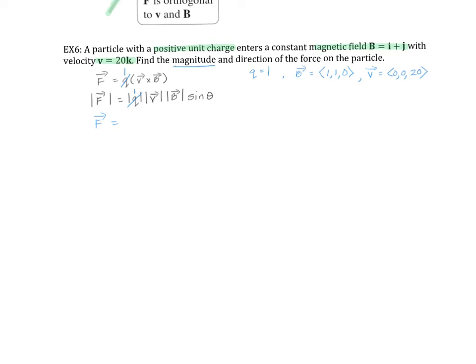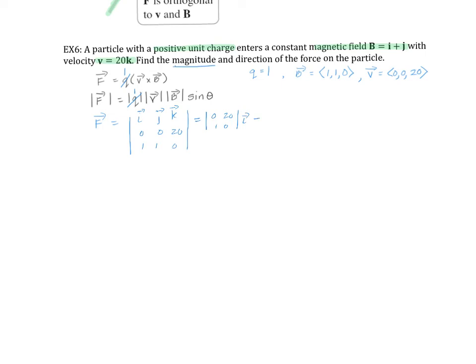So the cross of V cross B, remember we're looking at i, j, k. I have to put in V first, so that's going to be 0, 0, 20, and then B is 1, 1, 0. This is going to be equal to, covering i, j is 0, 20, 1, 0.